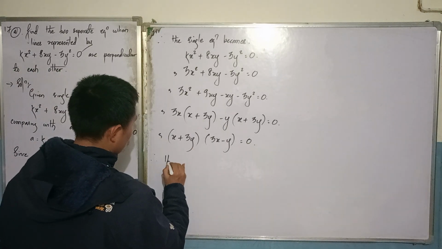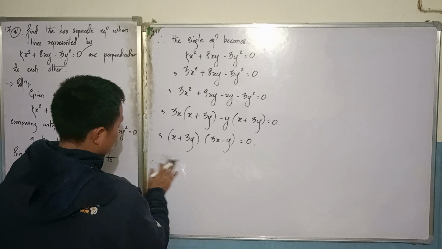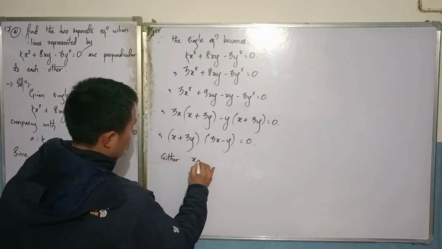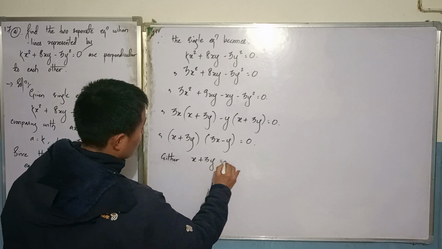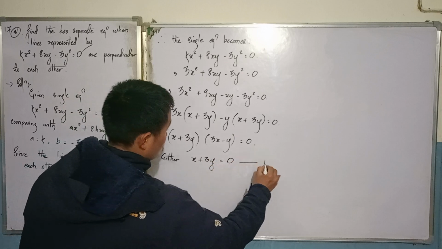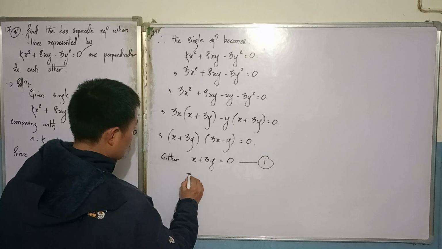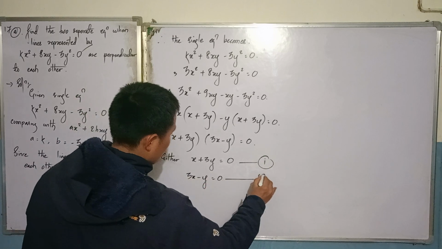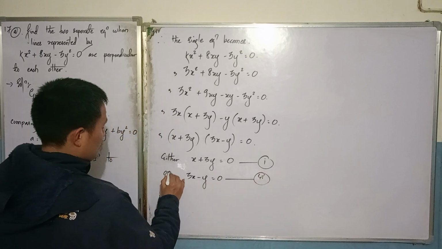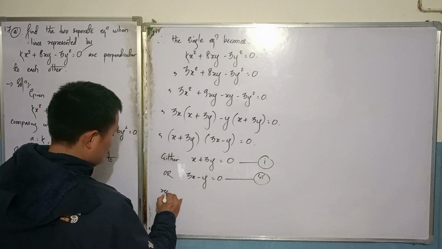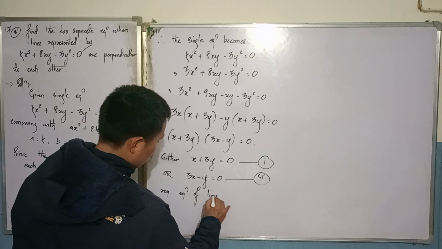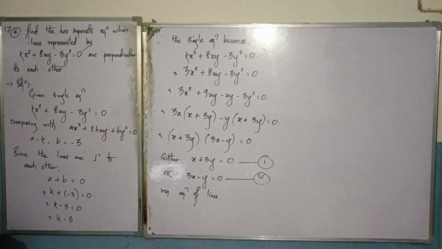Therefore, either x plus 3y equals 0 or 3x minus y equals 0. So these two are the required equations of lines. Very easy, nothing to worry.